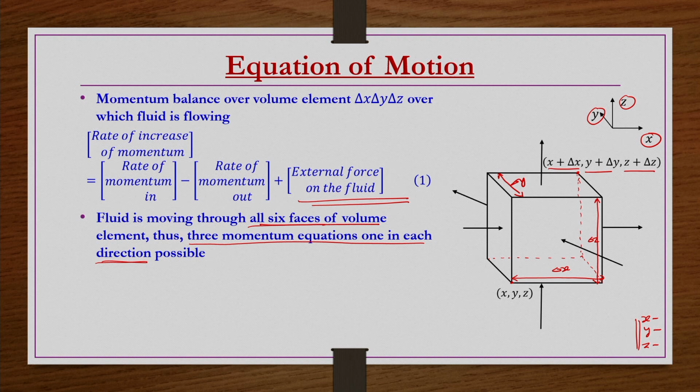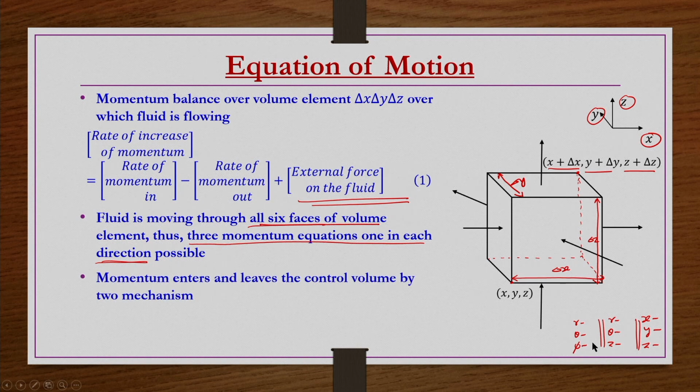If you have geometry in cylindrical coordinates, then you will be having one momentum equation in r direction, one in theta direction, and one in z direction. Likewise, if you are having a control volume in spherical coordinate system, then you will be having one momentum equation in r direction, another equation in theta direction, another equation in phi direction. So, that is possible. Okay.